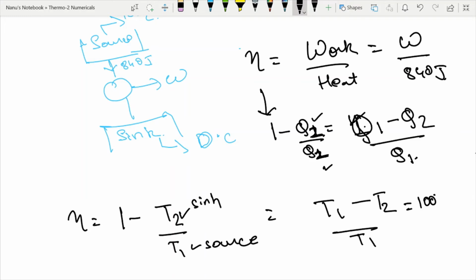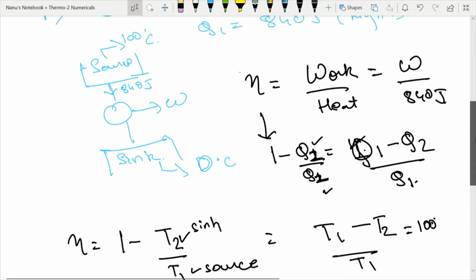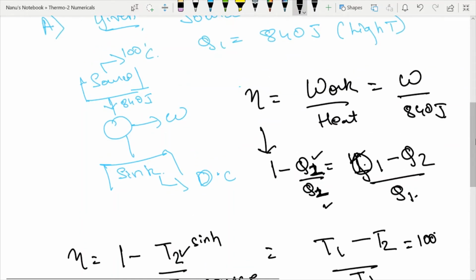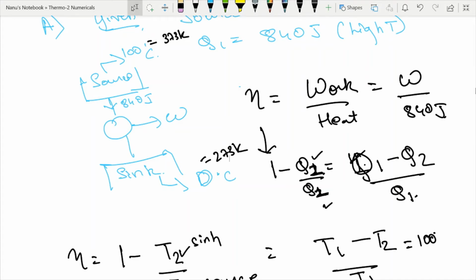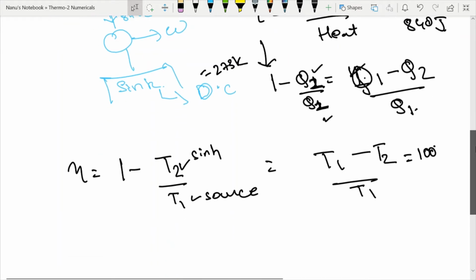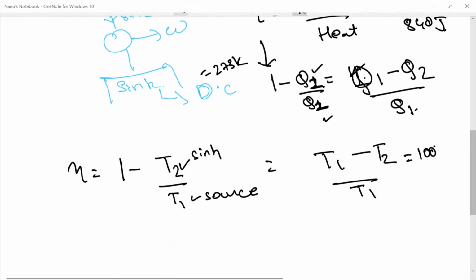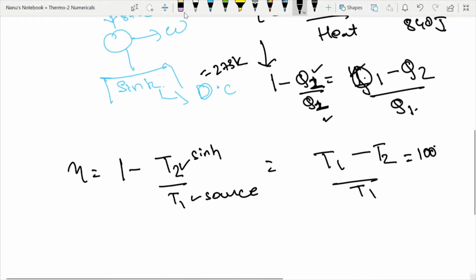Let me just convert this to Kelvin. So this will be 373 Kelvin, this will be 273 Kelvin. If I'm writing it in terms of Kelvin, which we should do to avoid silly mistakes, do not skip steps.